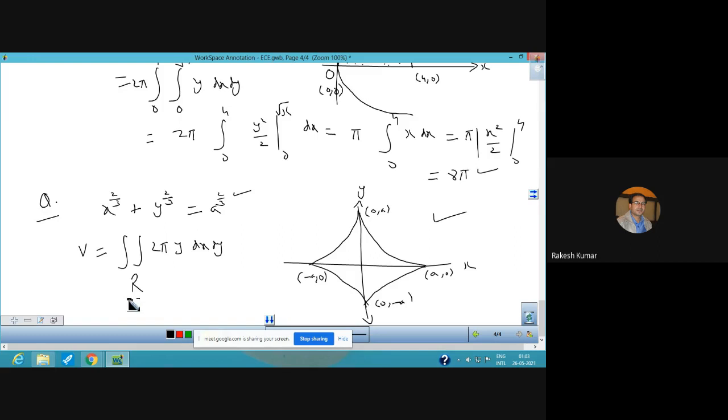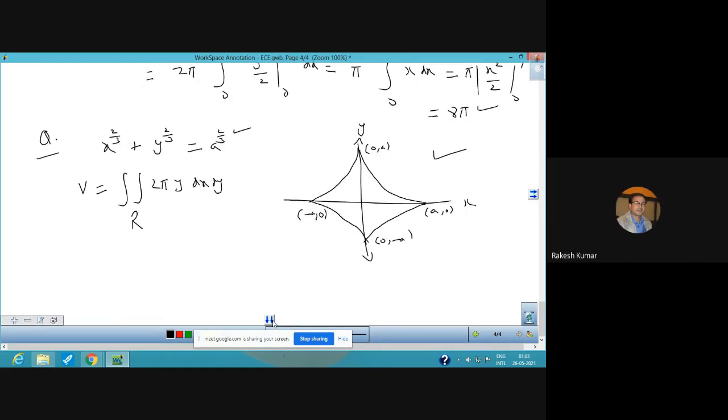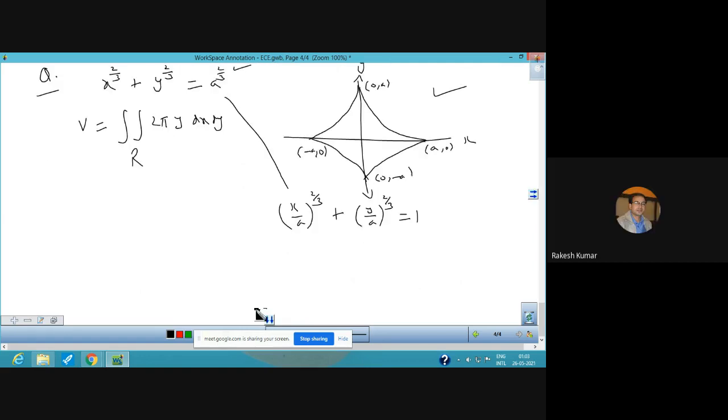So where R is the region bounded by the upper half of x over a raised to power 2 by 3 plus y upon a raised to power 2 by 3 is equal to 1. So we need the upper half of this.